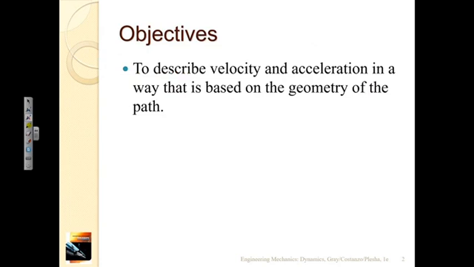So new coordinate system, we want to describe velocities and accelerations in this new coordinate system. This kind of matches a little bit of what we did the first day of class. We've got some path. Any point along this path, we can draw a tangent. Our velocity, we talked about the first day, at any point is going purely in that tangential direction.